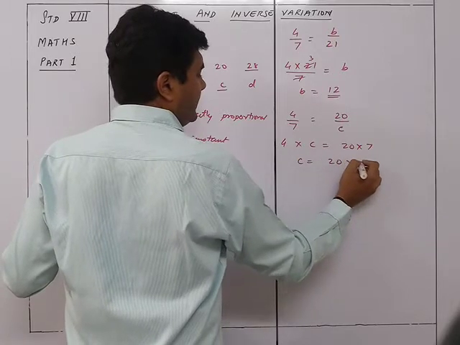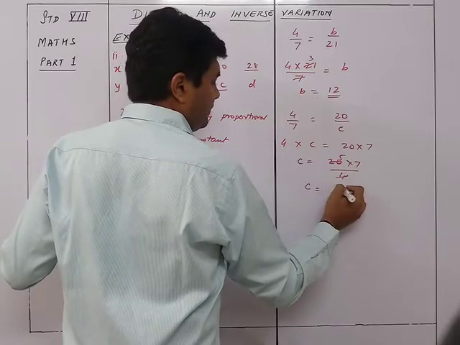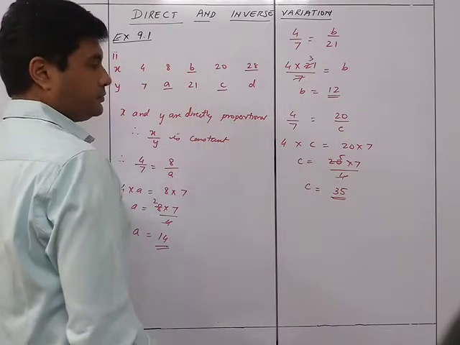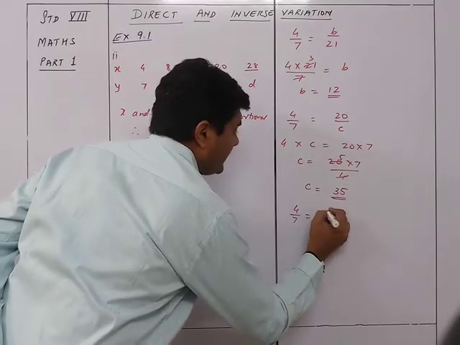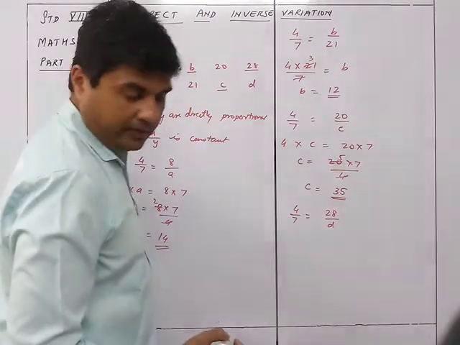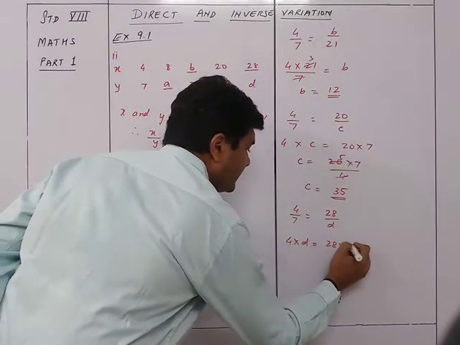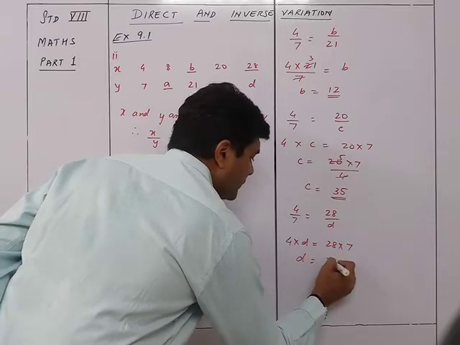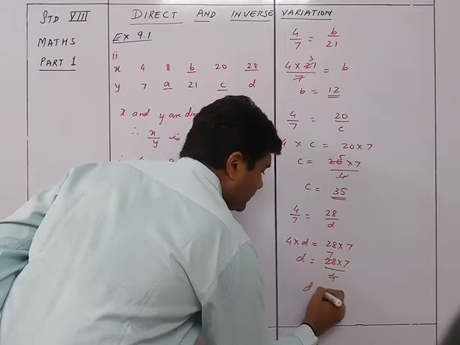C is equal to 20 into 7 upon 4. So C is equal to 35. Finally, 4 upon 7 is equal to 28 upon D. So 4 into D is equal to 28 into 7. D is equal to 28 into 7 upon 4. That is D is equal to 49.